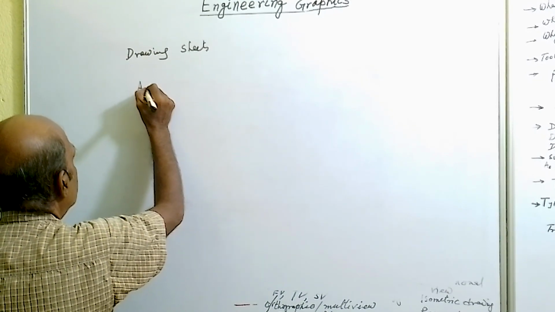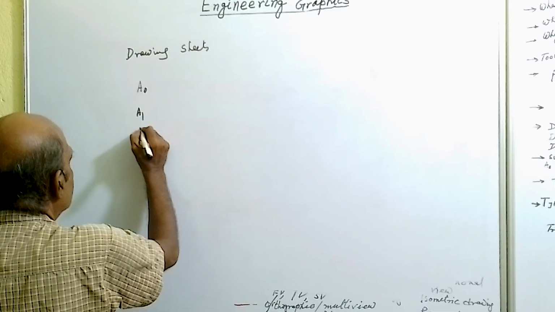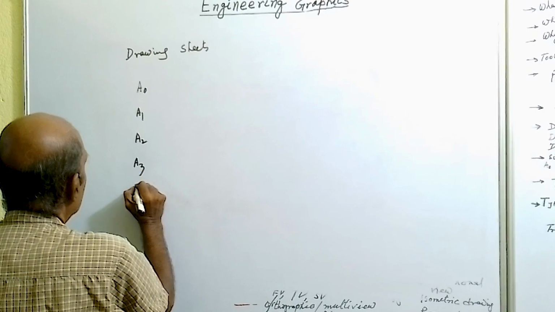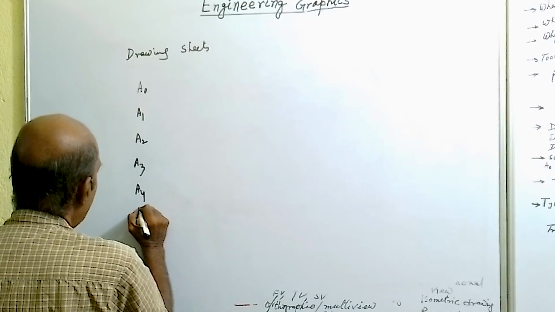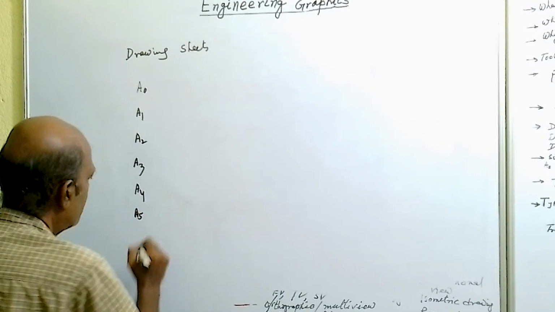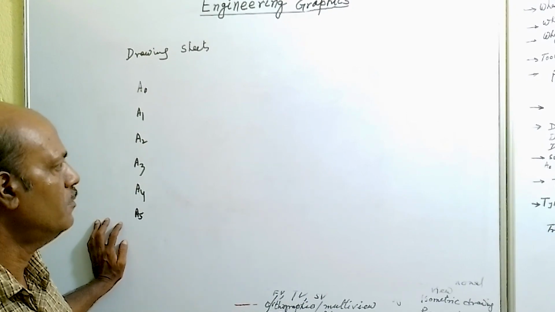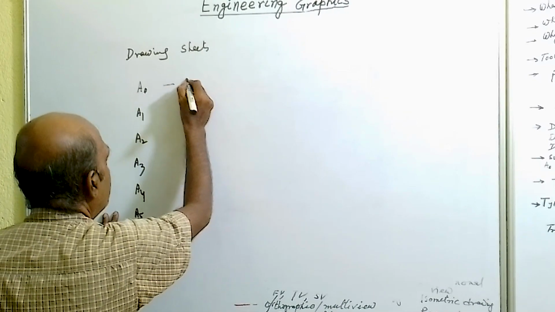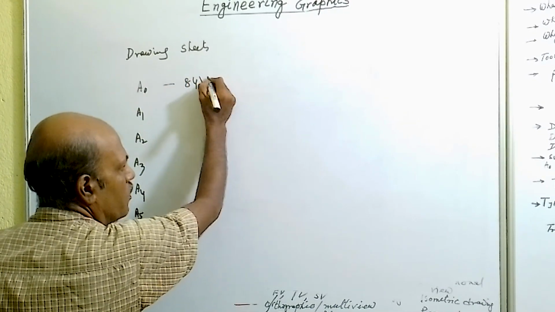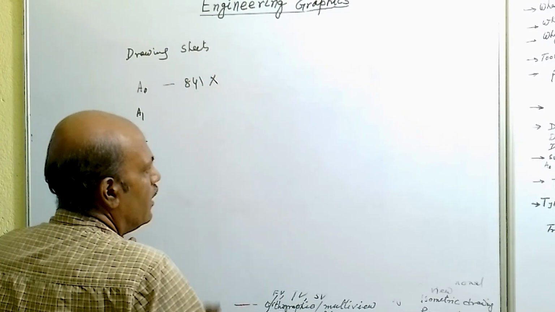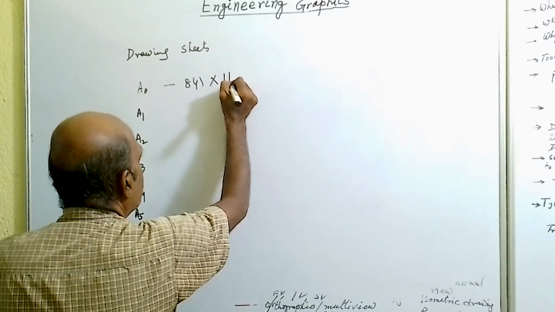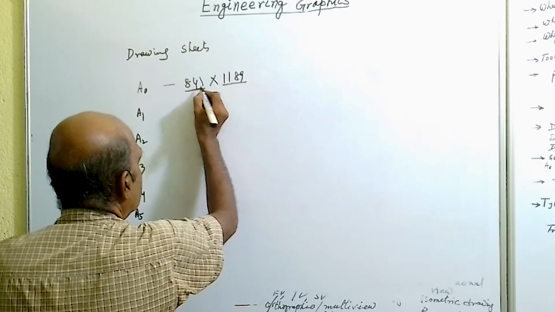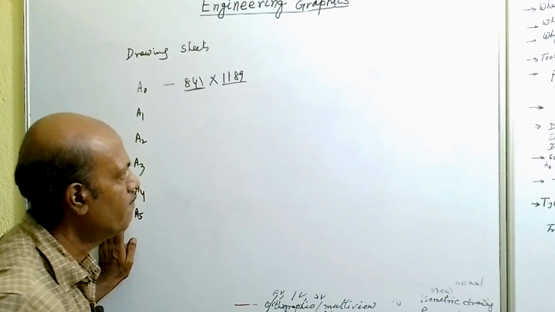It is given by A0, A1, A2, A3, A4 and A5 sizes of drawing sheets. The first sheet, that is A0, is 841 into 1189. The dimensions, that is length and width, are all in millimeter.